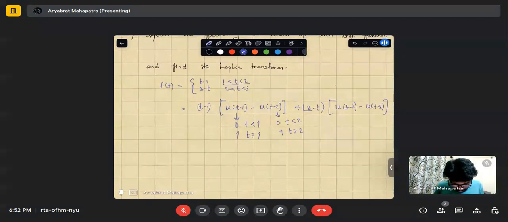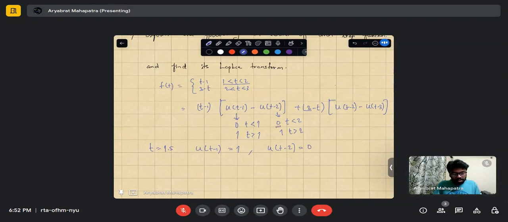Then u of t minus 1 will be 1, because if my t is 1.5, u of t minus 1 will be 1, and u of t minus 2 will be 0, because my t is 1.5, so that is less than 2. So less than 2 will be 0.